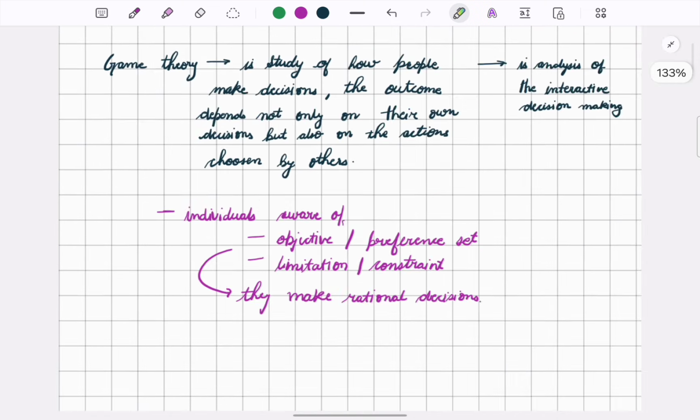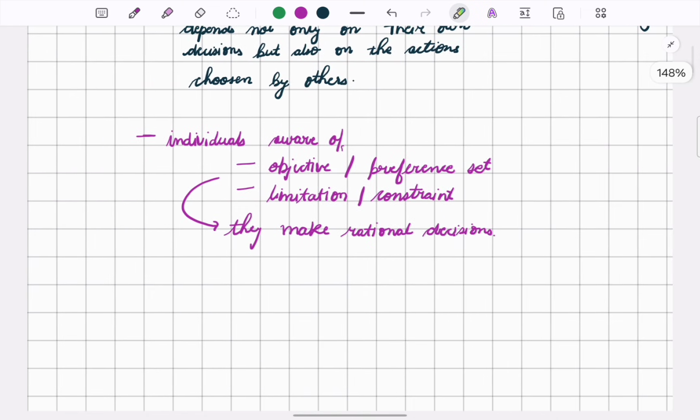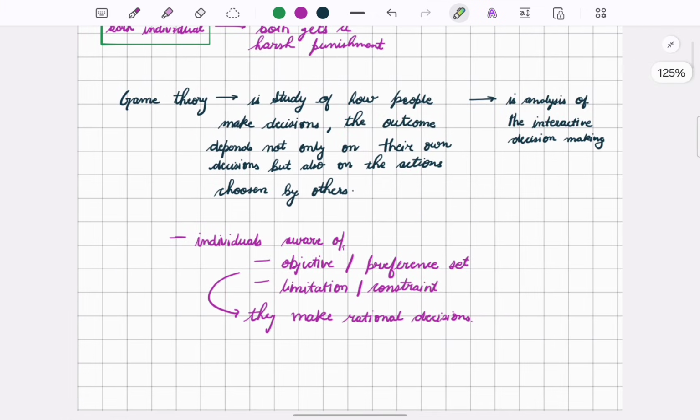All right, now I think that is the introduction of game theory. Game theory helps you understand how, when multiple rational decision makers interact in a situation, what kind of outcome we are going to arrive at. That is the study we do under game theory.